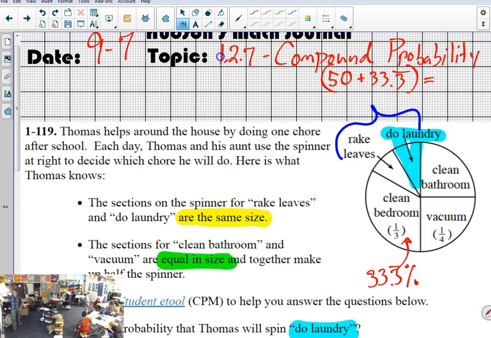got 83.3 repeating decimal. Okay. So now, since it's 83.3 repeating, if we want to figure out how much in total for doing the laundry and raking the leaves, you just do 100 minus 83.3.